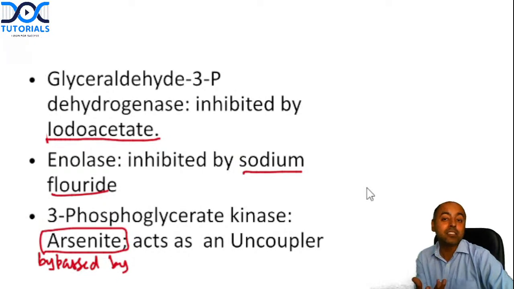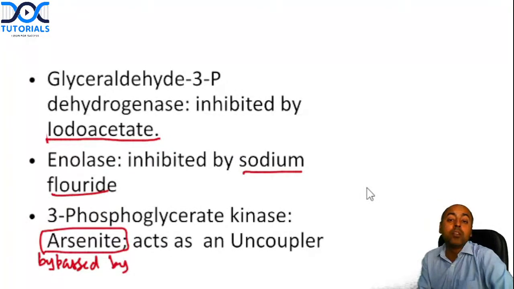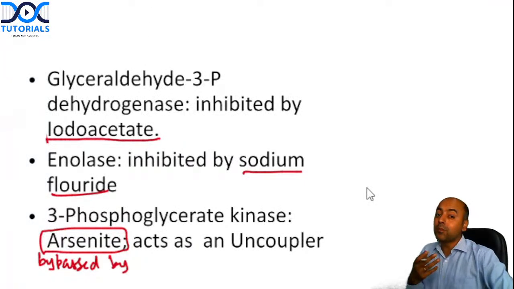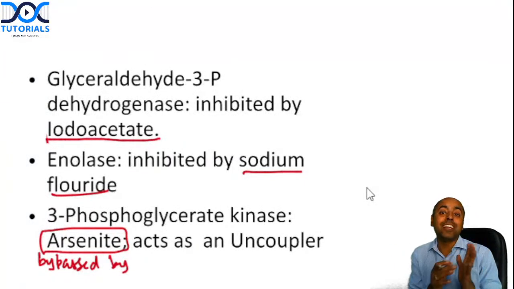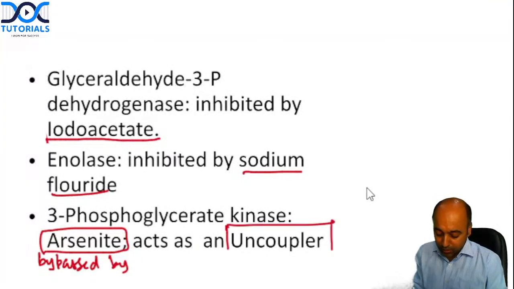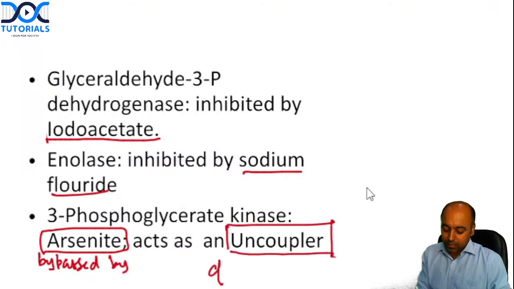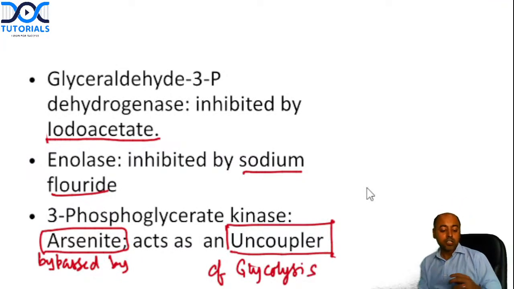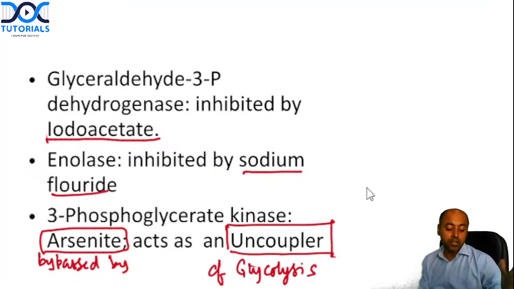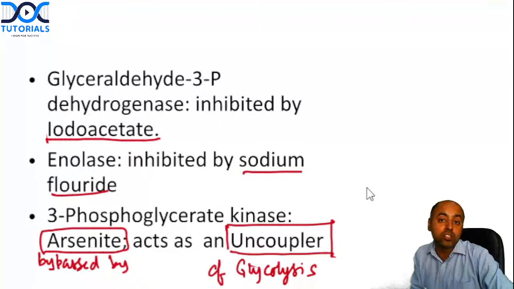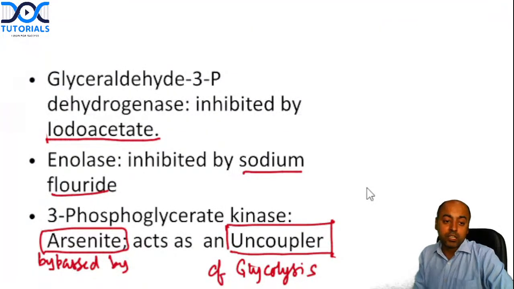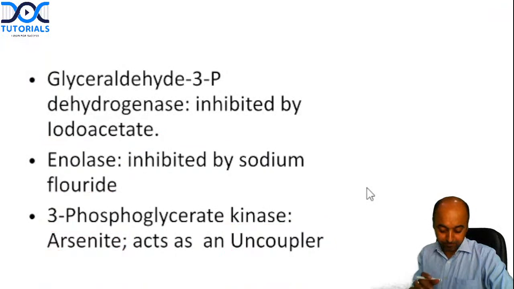It doesn't inhibit the enzyme, it bypasses the reaction which is normally catalyzed by 3-phosphoglycerate kinase. In this process, normally ATP is formed. When arsenite is present, ATP is not formed. That is why we have this term uncoupler of glycolysis. Arsenite will act as the uncoupler of glycolysis. So these are the three important non-physiological regulators of glycolysis.